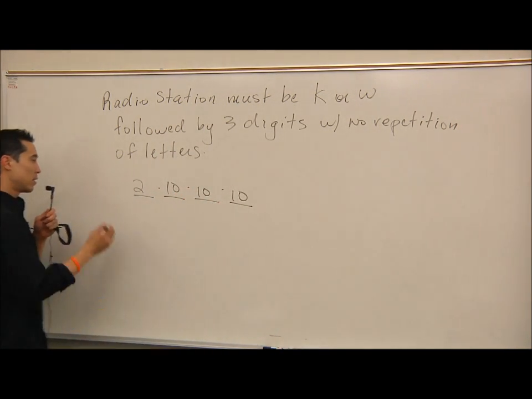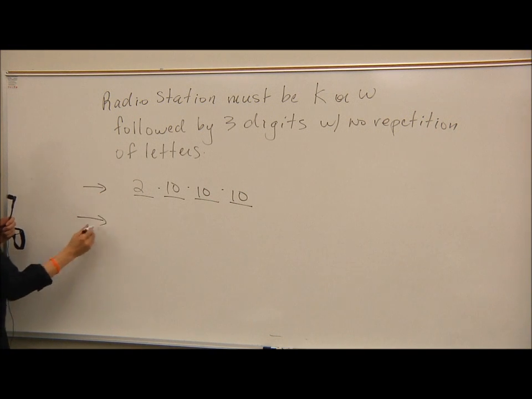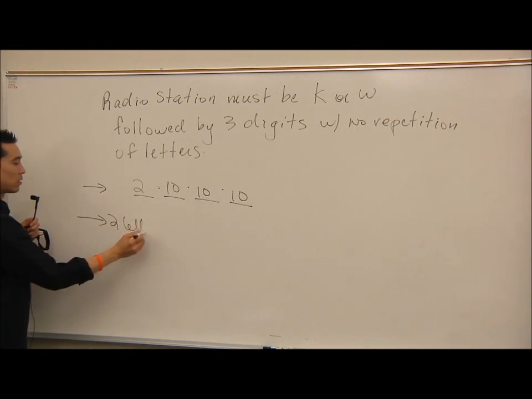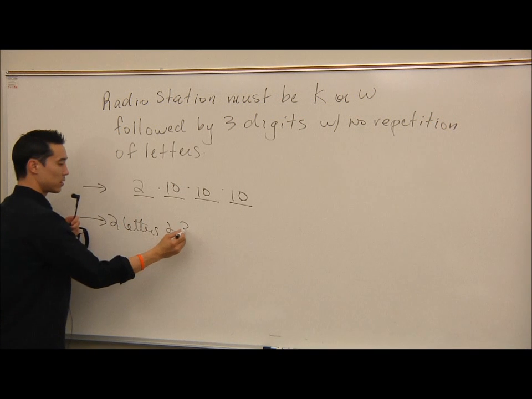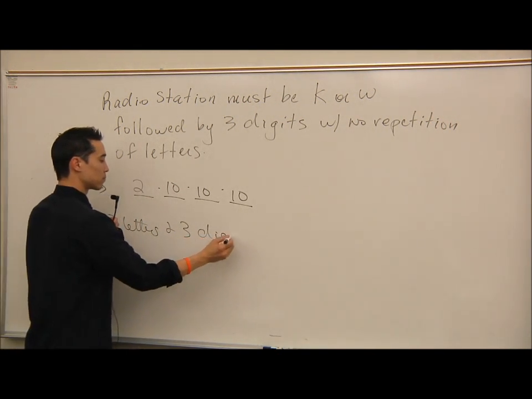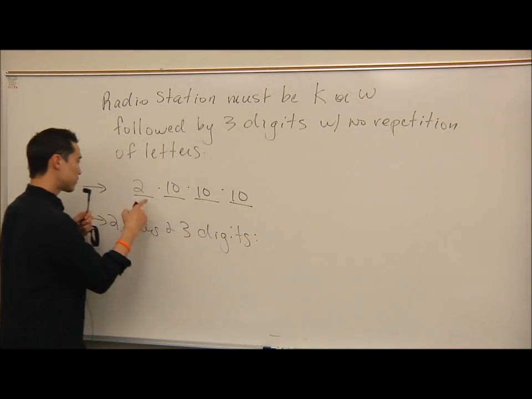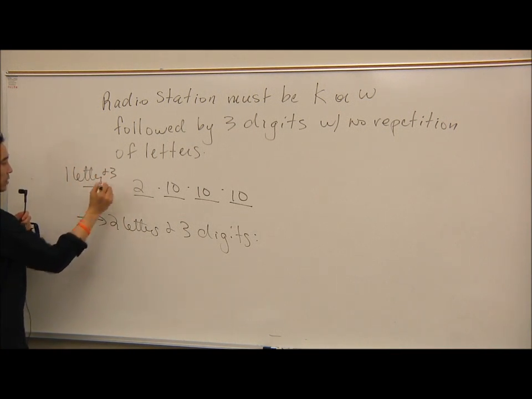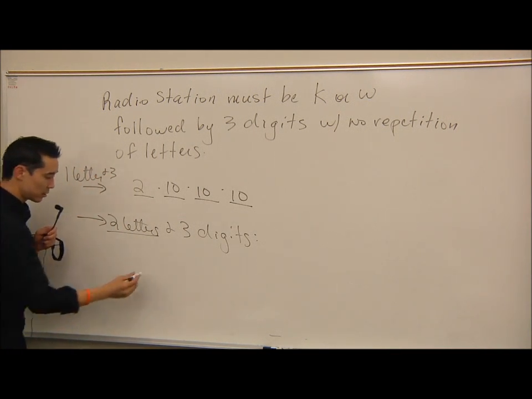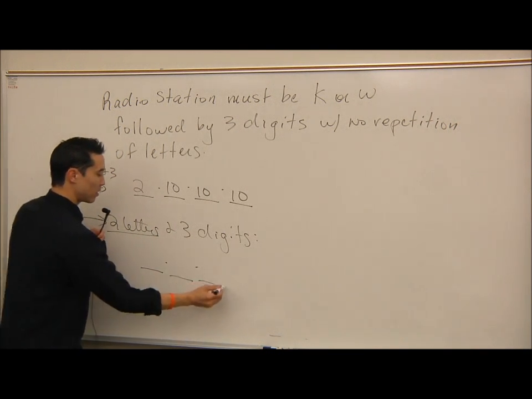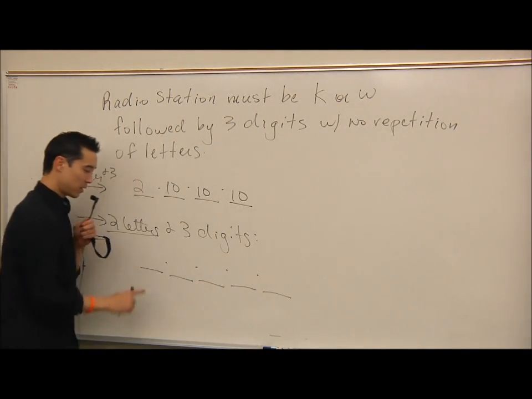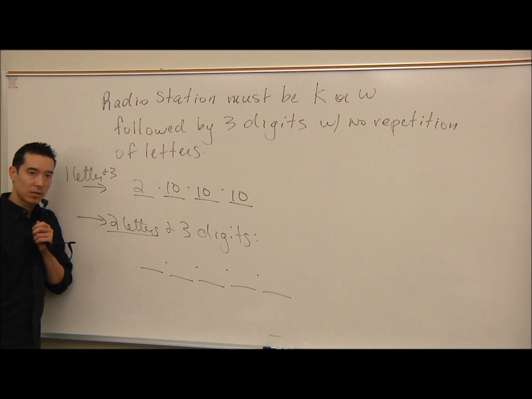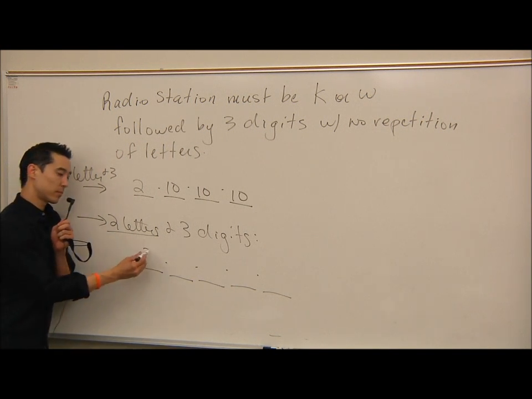Okay? Now let's say it's 2 letters and 3 digits. Okay, so this first question was just 1 letter and 3 digits. But now let's say it's 2 letters and 3 digits. So I have letter, letter, number, number, number. How many possibilities do I have for the first letter? 2.